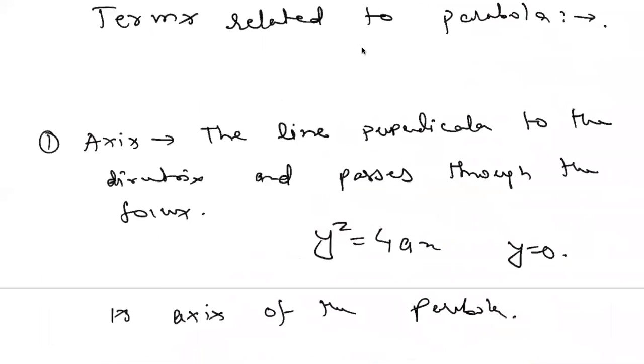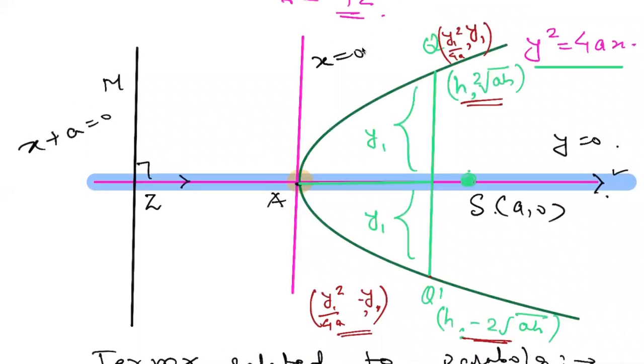So in this case, L prime and L pass through the focus perpendicular to the axis.